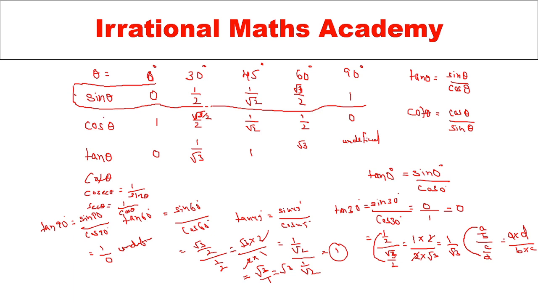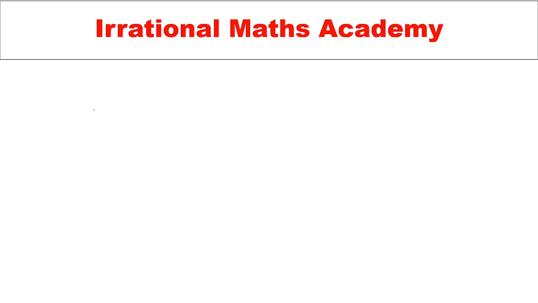This is the second important thing. Next, complementary angles we will discuss. What is a complementary angle? If the sum of two angles is 90 degrees, we call them complementary angles.